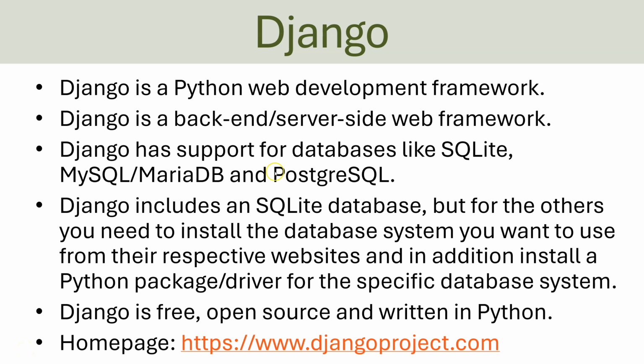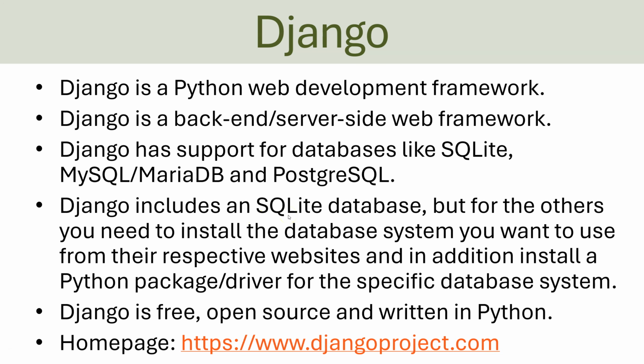So as mentioned, Django is a Python web development framework, and Django is a so-called back-end or server-side web development framework. And it's popular and common to use in combination with a database, and also Django has support for databases like SQLite, MySQL, MariaDB, PostgreSQL, etc. And also part of the Django framework, when you install it, it comes with an SQLite database.